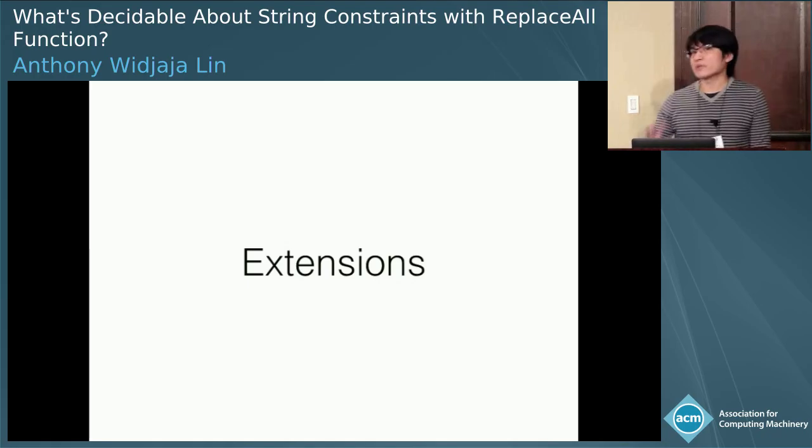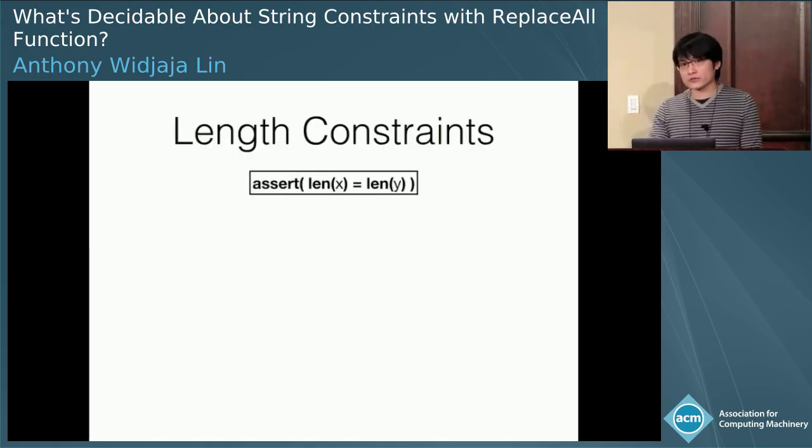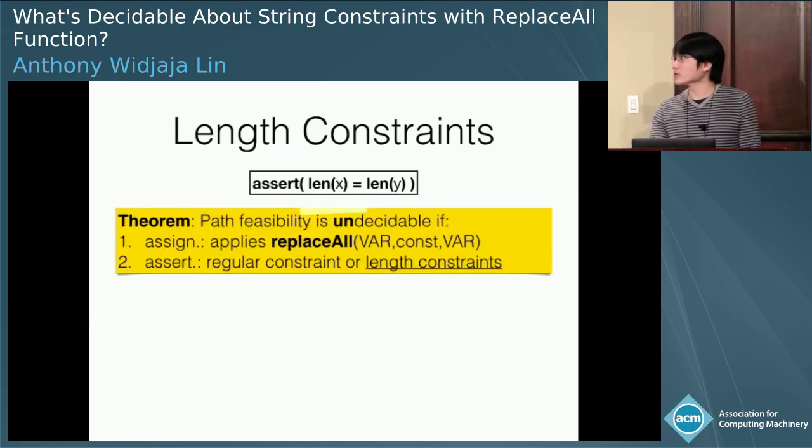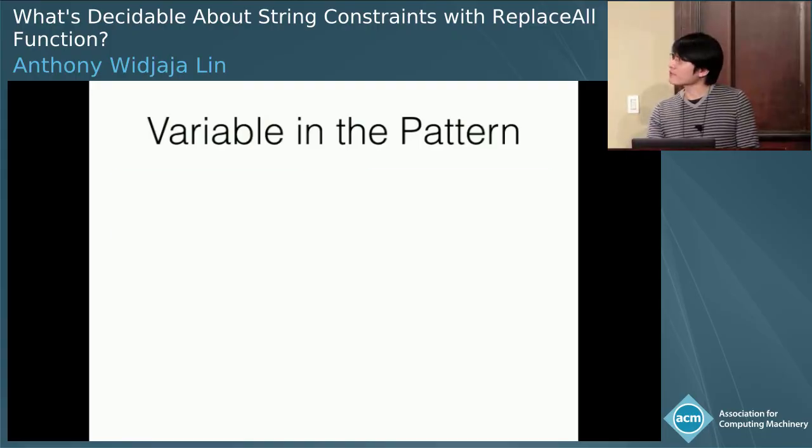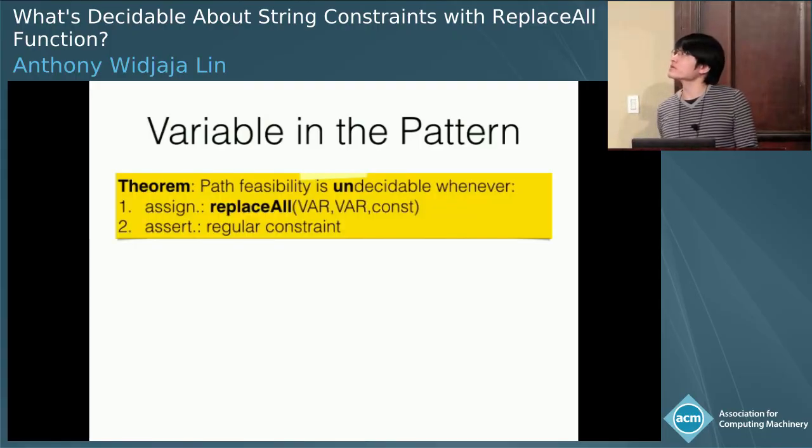Finally, I want to mention two simple extensions. The first one is length constraints. This is unfortunately undecidable if we include length constraints in our constraint language. Secondly, what if the pattern is a variable? That's actually not a very common usage, but that also turns out to be undecidable.